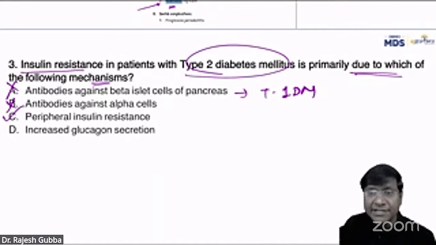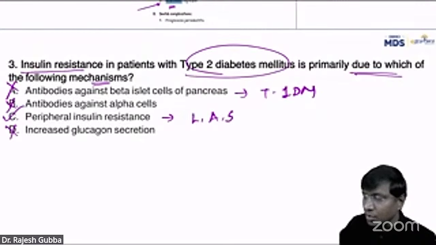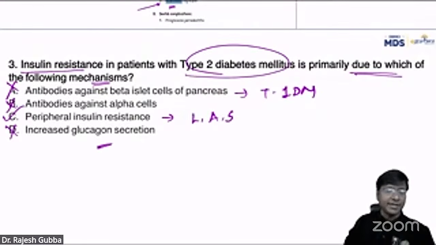And peripheral insulin resistance is the important point for the development of insulin resistance. So where will the insulin resistance be? Over the liver, the adipose tissue, and the skeletal muscle. And increased glucagon secretion is nowhere related to insulin resistance. So the answer to this question is peripheral insulin resistance.